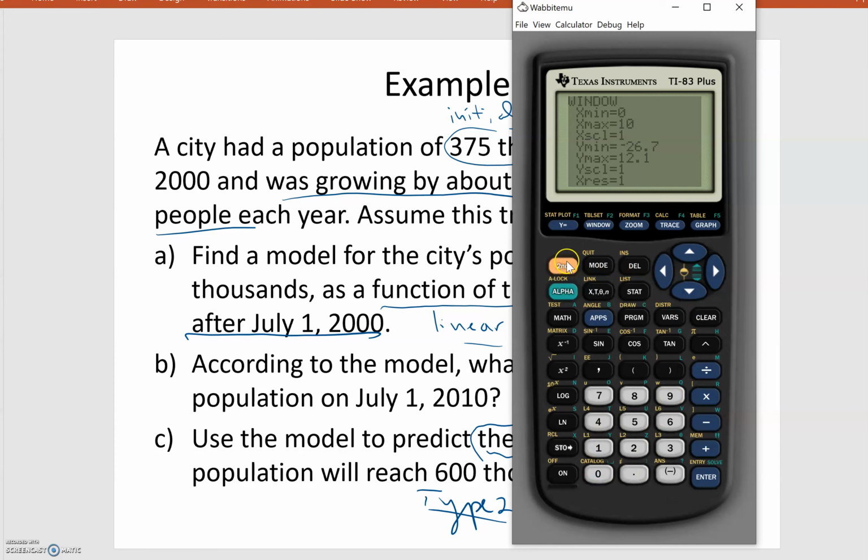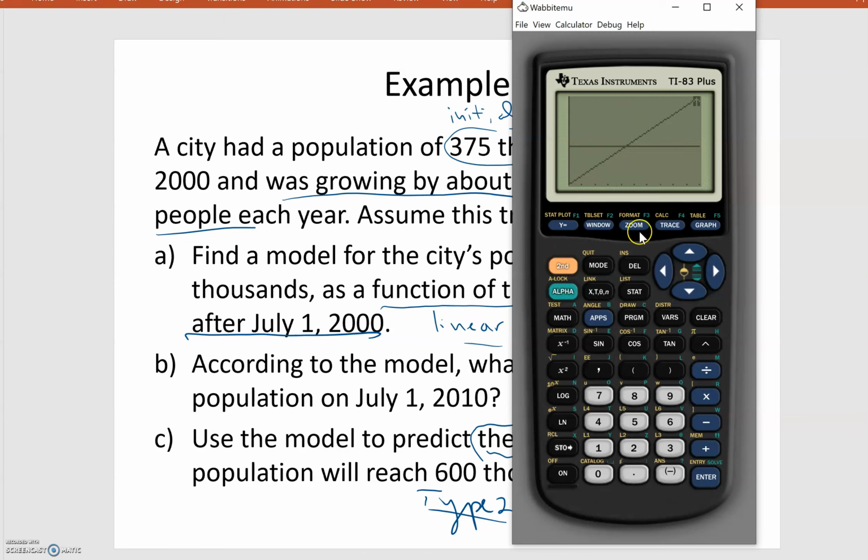Let's actually take a look at the table and see if we can identify this. Oh yeah, there it is right there, between 20 and 25. So that gives you a good window. So let's go 20 to 30, and then we'll do zoom fit. And we should see a decent intersection. And then with that intersection, we'll use calc intersect.